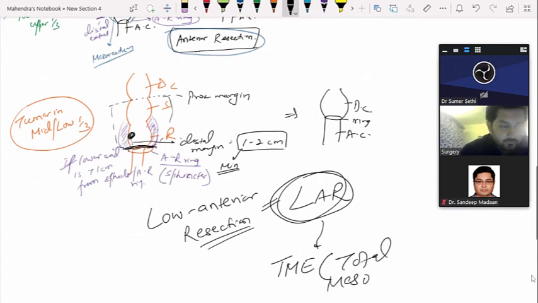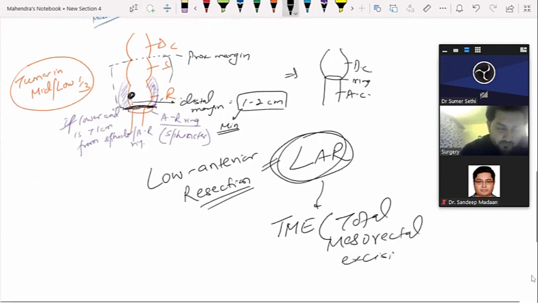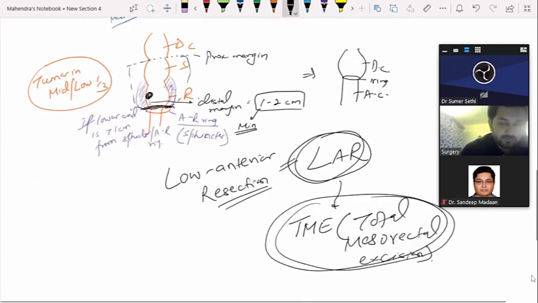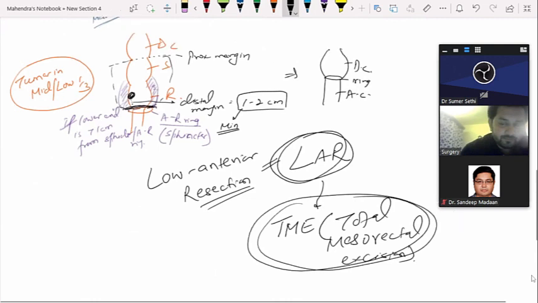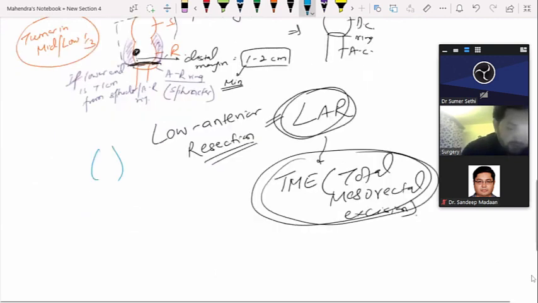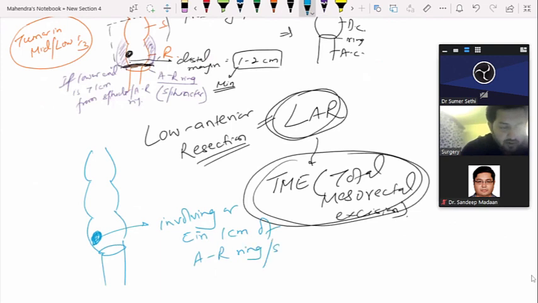total mesorectal excision. Okay, total mesorectal excision. Now here we'll see, suppose this descending colon, sigmoid, rectum, if this tumor is involving or within 1 centimeter of the anorectal ring or sphincters.